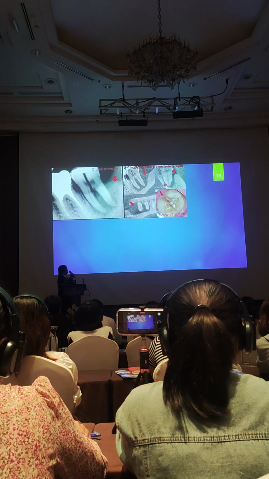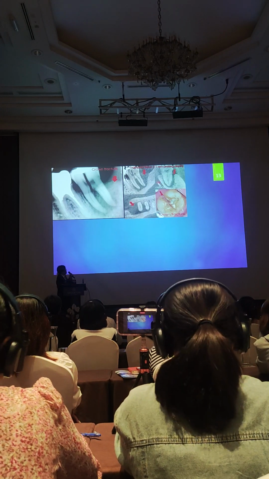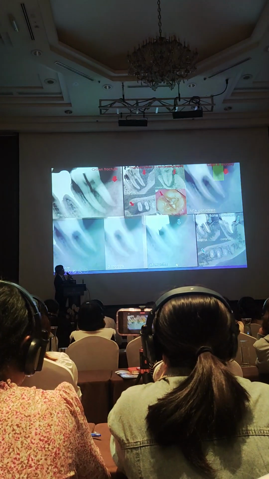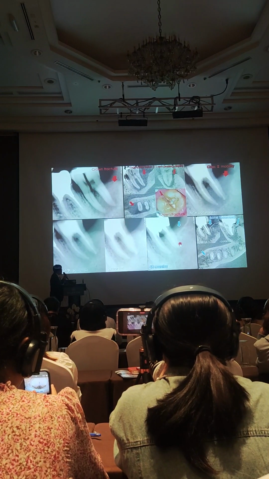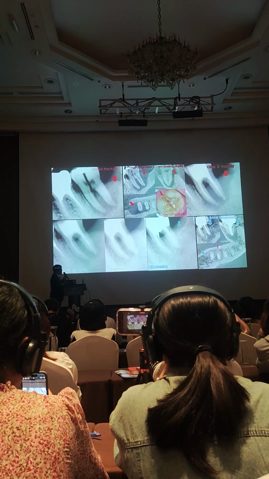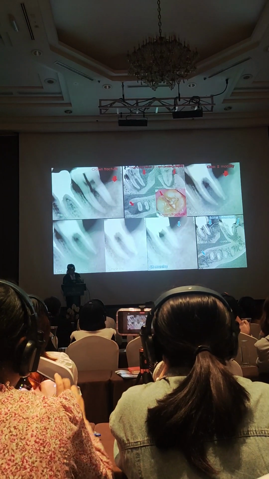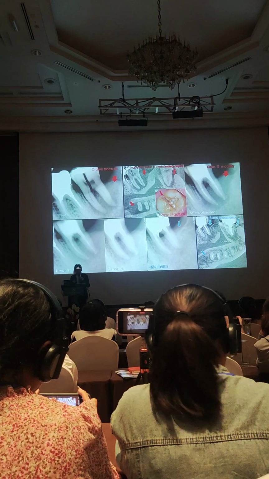So I decided to save the tooth with the obturation and the placement of the crown. So this is 3 months post-op, 48 months post-op, showing nice periapical healing. And the tooth was completely asymptomatic.